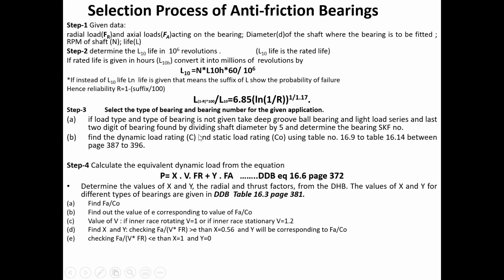Then we will again find out from table number 16.10 the static load rating and dynamic load rating C naught and C, and again we will find out the equivalent load, and we will again find the C calculated and compare it with the new C table.